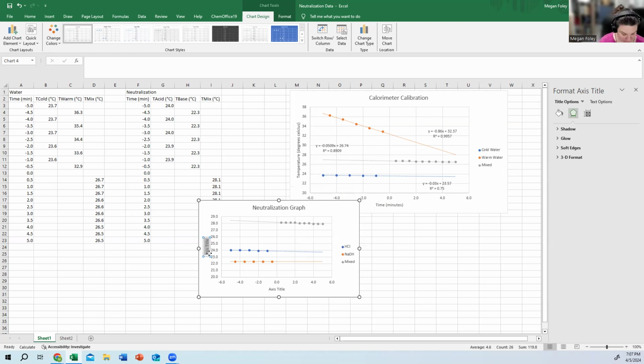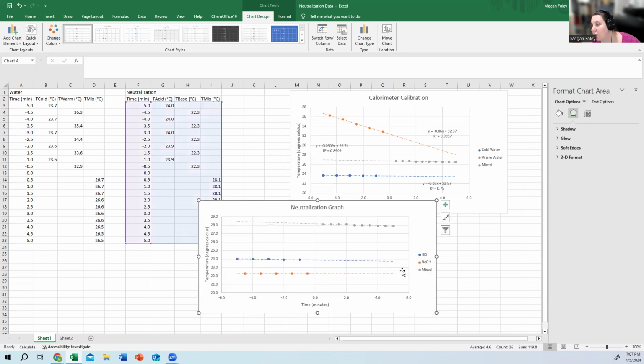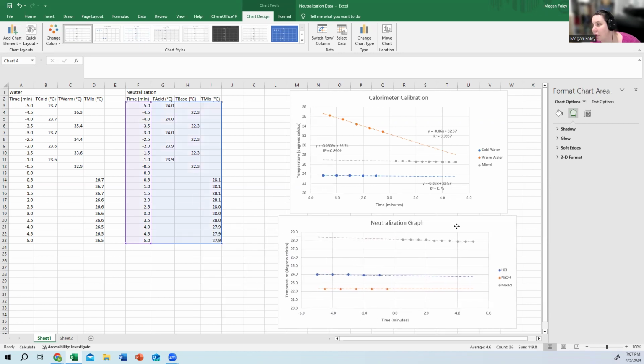This is going to be our temperature, degrees Celsius, and our time. It's larger, like so, if we would like.